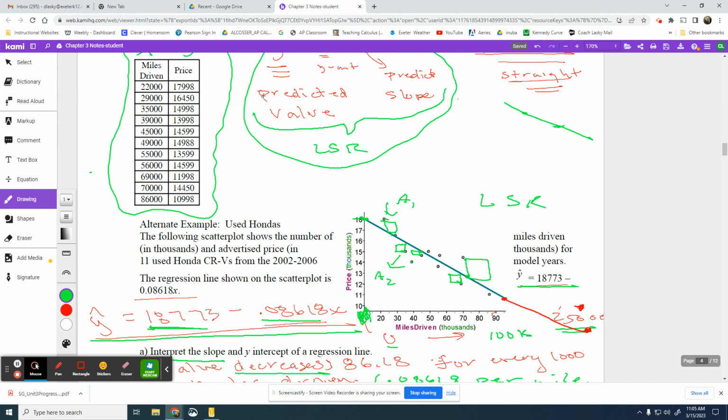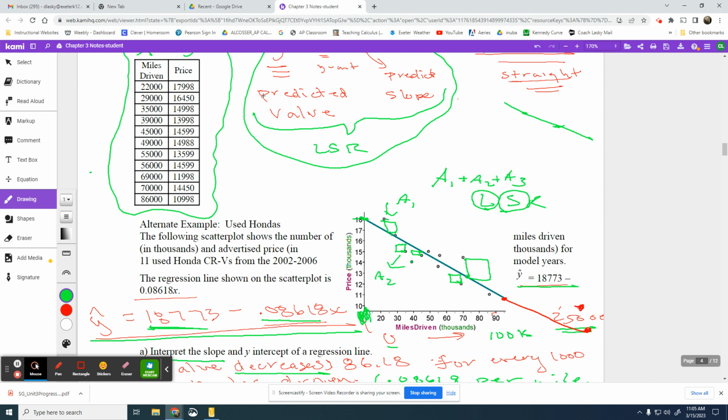So the idea behind the word least squares regression comes from the first two words. Least squares. So what really happens is this. The calculator figures out area 1 plus area 2 plus area 3.